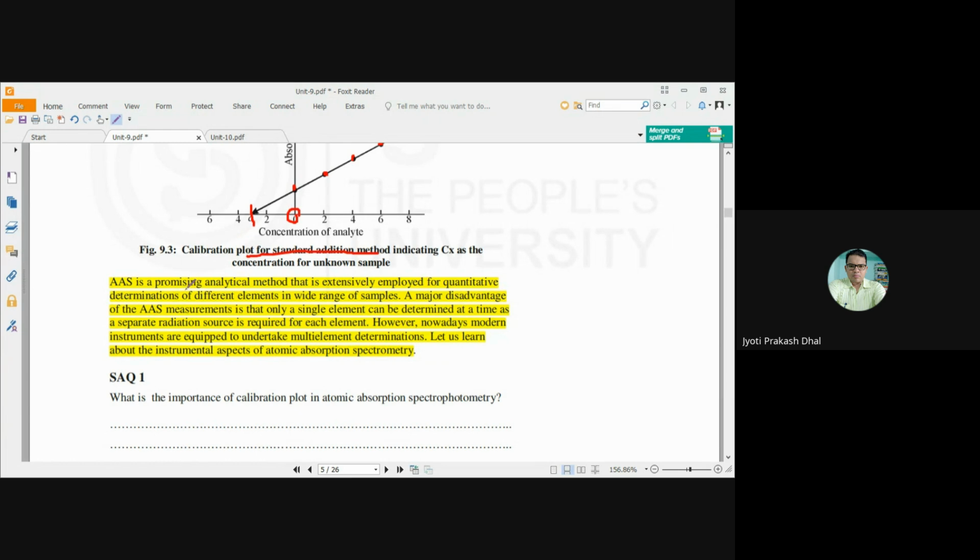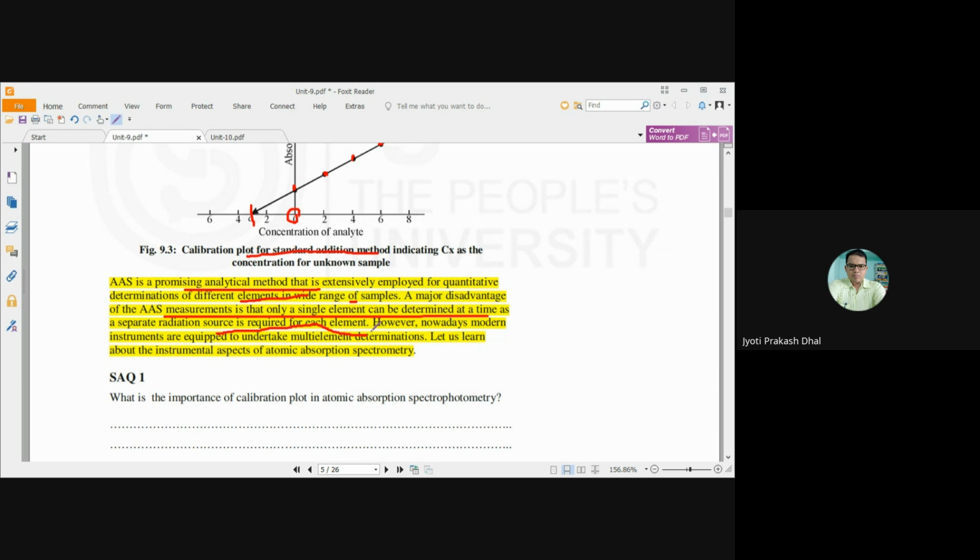AAS is a promising analytical method that is extensively employed for quantitative determination of different elements in a wide range of samples. A major disadvantage of AAS measurement is that only a single element can be determined at a time, as a separate radiation source is required for each element.